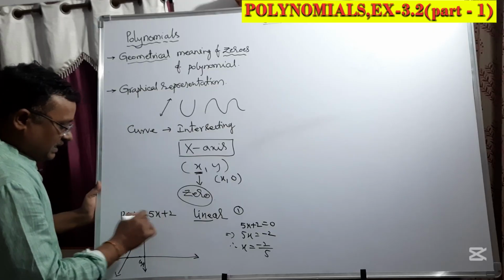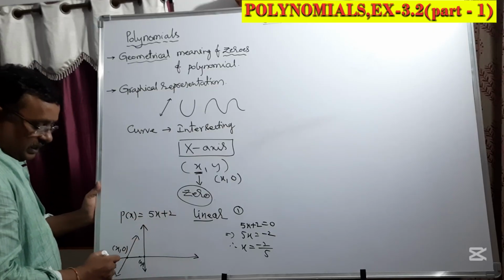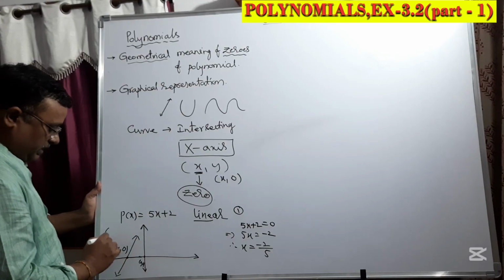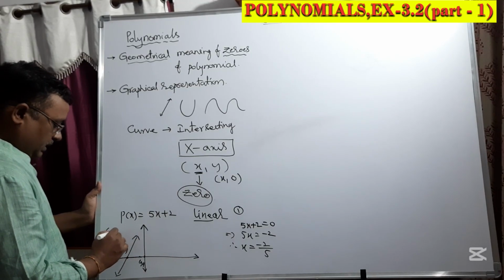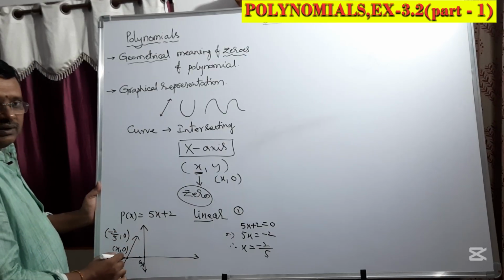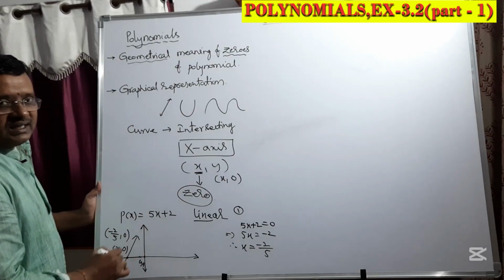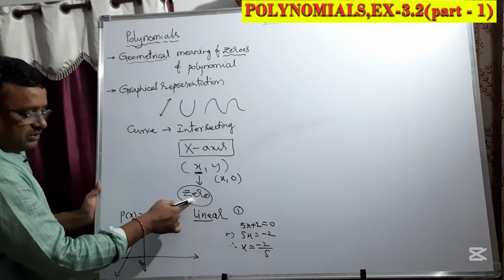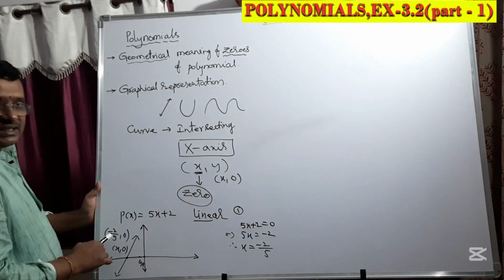So this one represents a straight line in the Cartesian system intersecting the x-axis at the point (-2/5, 0). The curve where it intersects the x-axis gives zero with its x coordinate.